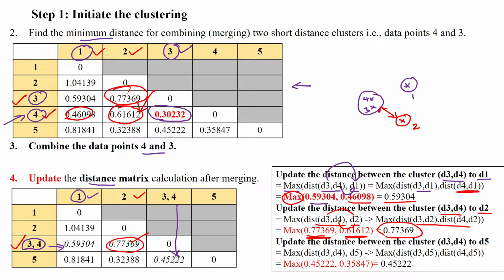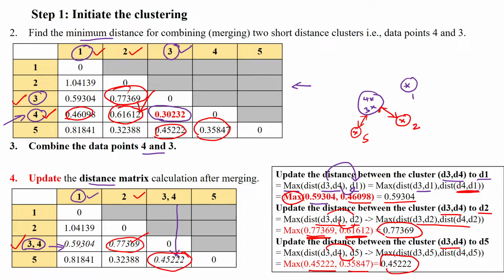Then again we find the distance between d3 comma 4 and cluster 5. For that we identify d3 comma d5 and d4 comma d5. d3 comma d5 is 0.455222, and d4 comma d5 is 0.35847. From these, the maximum value is 0.44522, so this value is also updated.